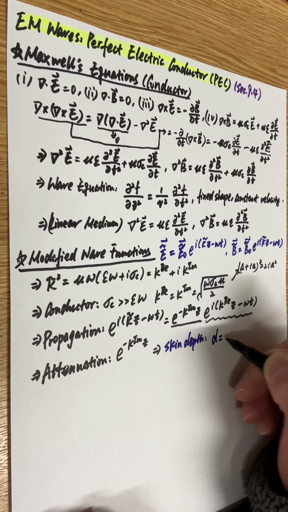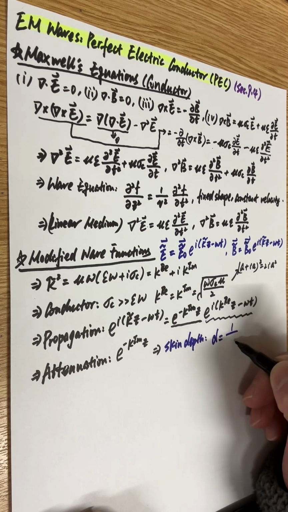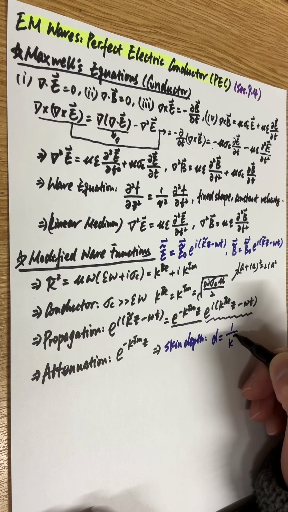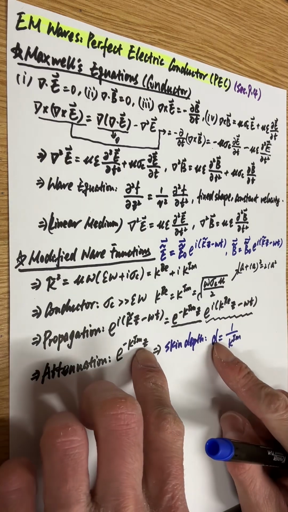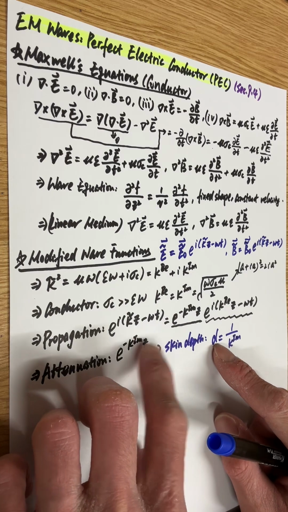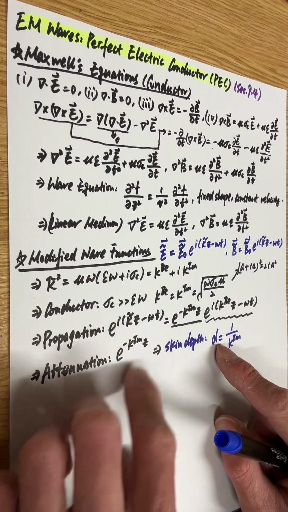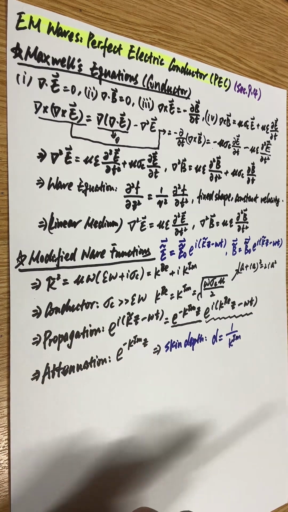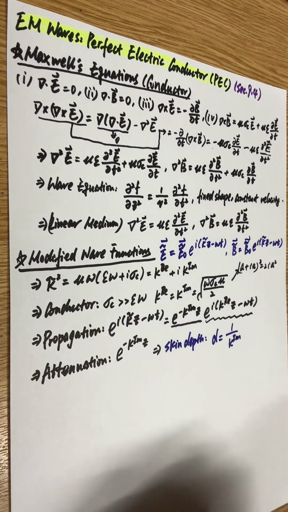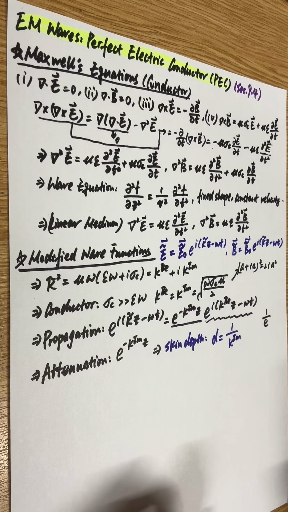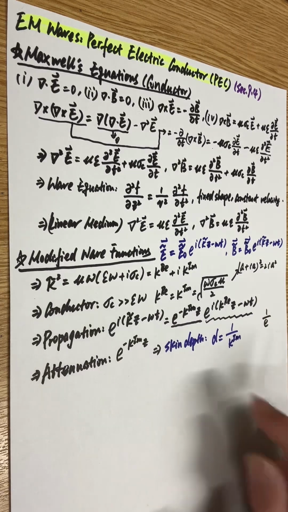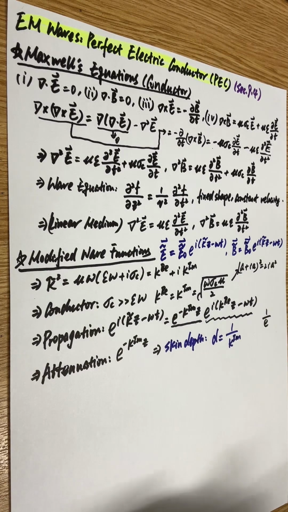Where this skin depth equals 1 divided by the imaginary part of kappa, which means after this distance in z, the attenuation would be e, so the amplitude will be reduced by a factor of 1 divided by e. So that's a very important indicator.